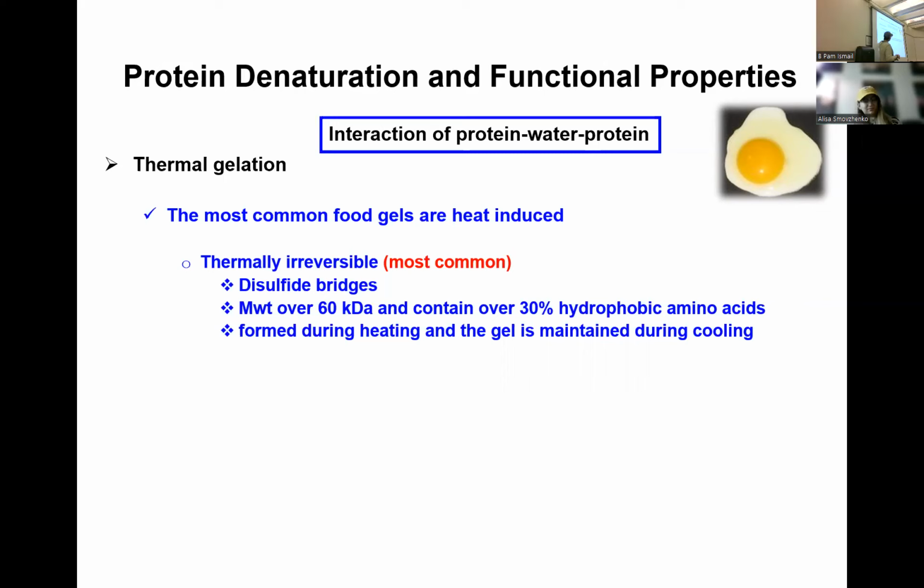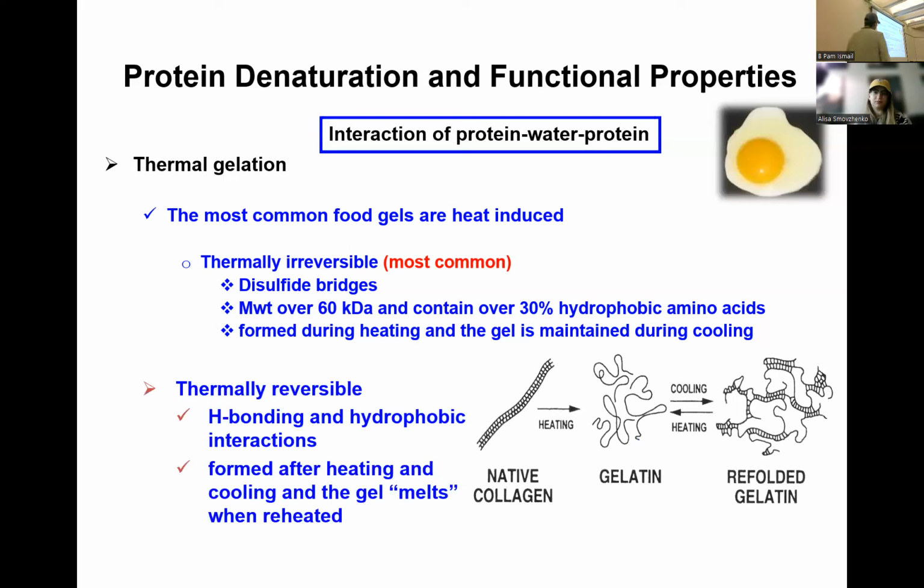Usually these are proteins that have high molecular weight, either themselves or by forming high molecular weight quaternary structure, or when they form soluble aggregates, then you have a better chance of forming a gel. Also a really high degree of hydrophobicity. So with high hydrophobicity, really large molecular weight, and rigid disulfide bonds, you form thermally irreversible gels that are maintained upon cooling.